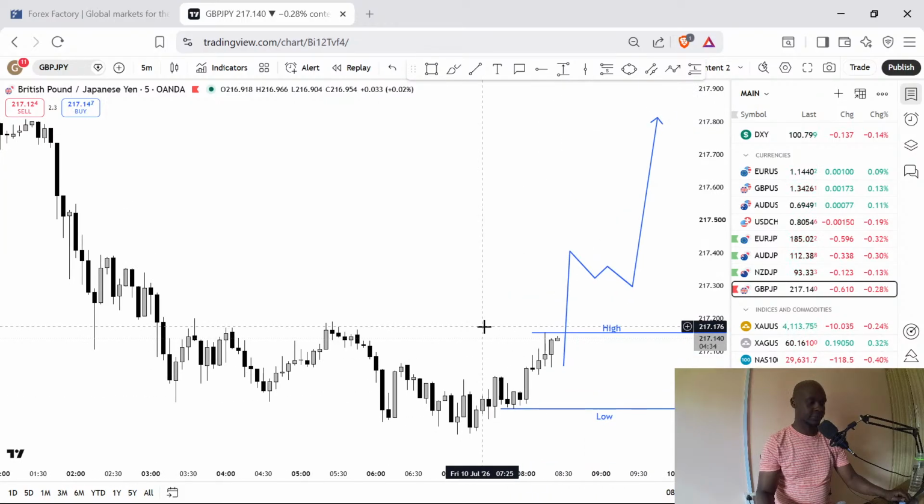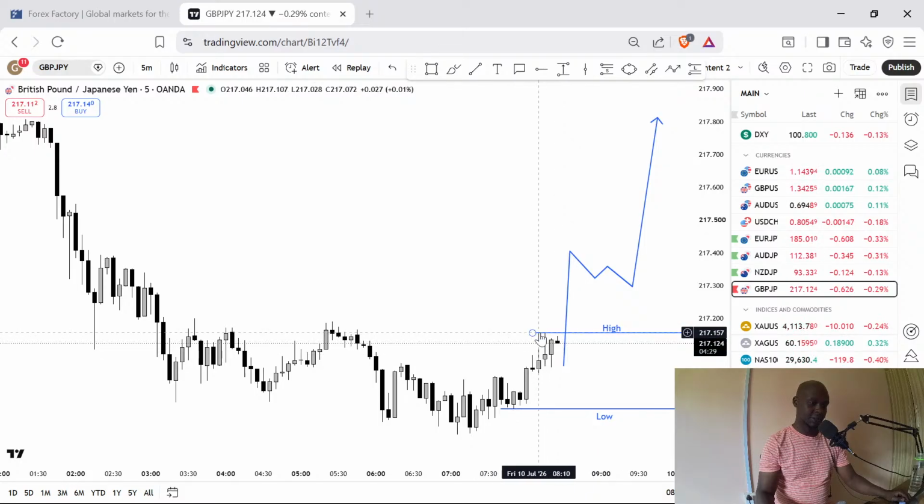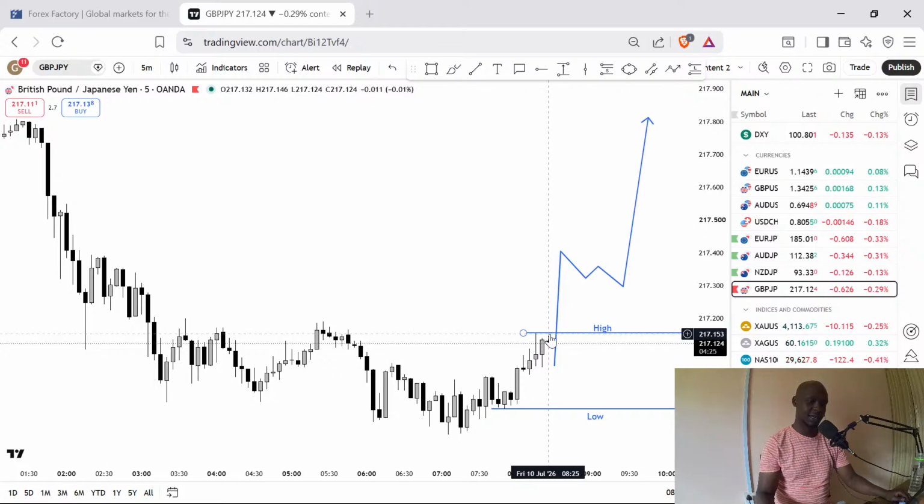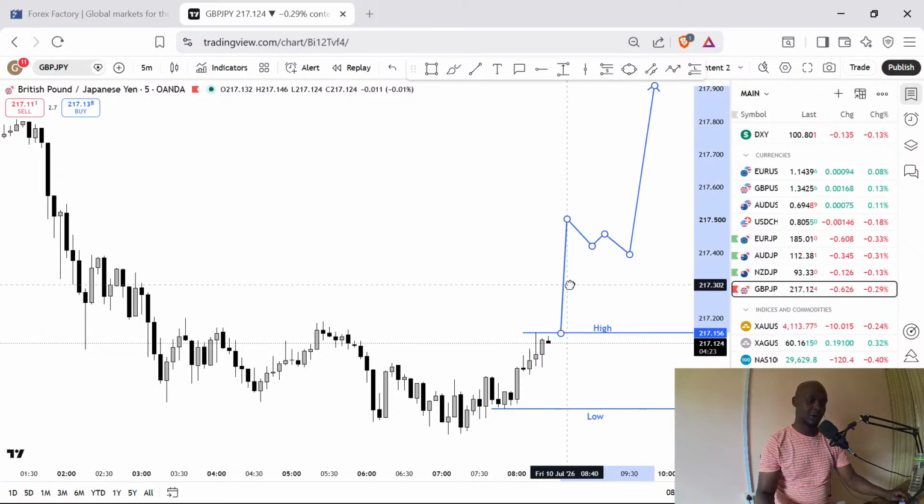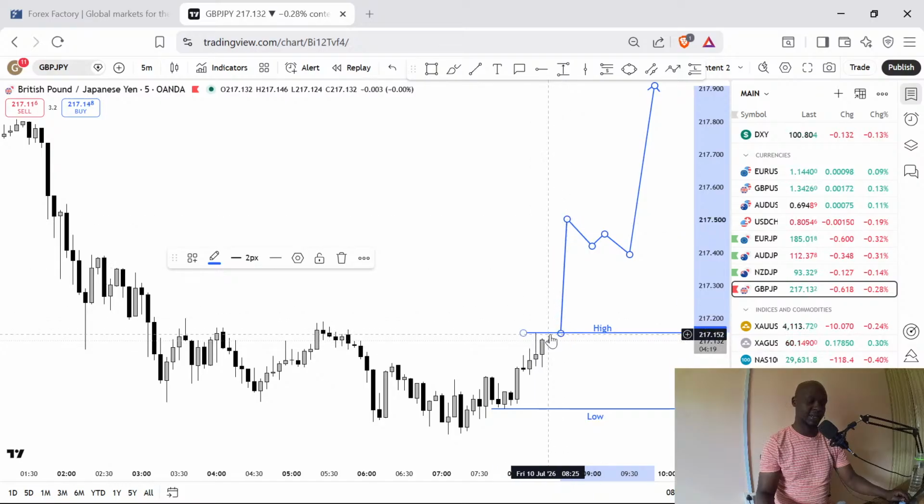Because we did not get the confirmation and I've already moved my high, now this is the pivot high that I'm looking at. For now, I have to wait again to see if we can get a strong break outside of this high. I'm looking for two impulsive candles breaking out of this high before I can start to look for entries on the pullback.